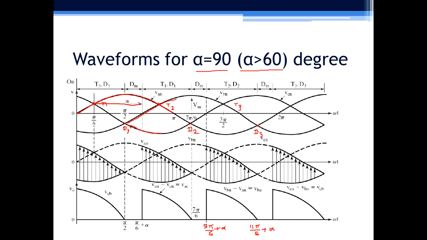So T1 will start conducting here. T2 will start conducting 90 degree from here. So T2 will conduct somewhere here. So this point is shown. So here actual T2 will start conducting, and T3 will conduct at this angle 90 degree from here.